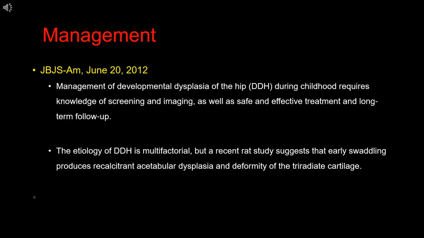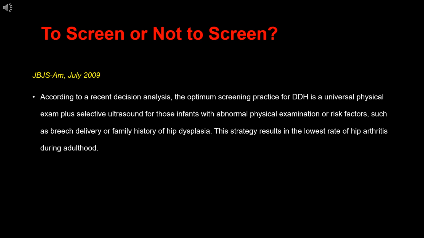Etiology of DDH is multifactorial, but a recent study suggests that early swaddling produces recalcitrant acetabular dysplasia and deformity of the triradiate cartilage. To screen or not to screen for DDH.